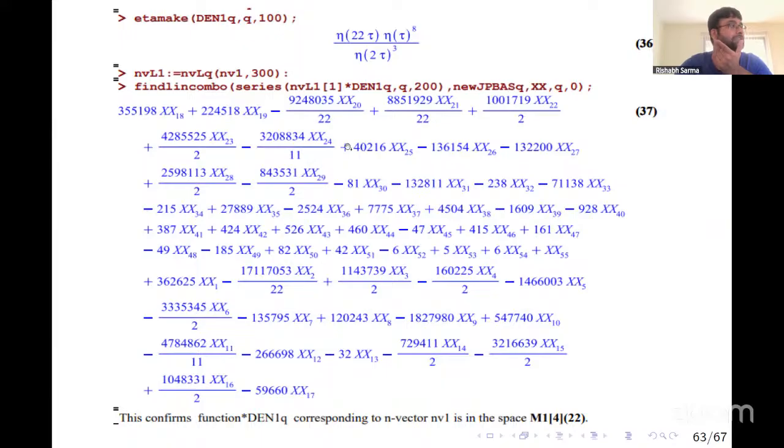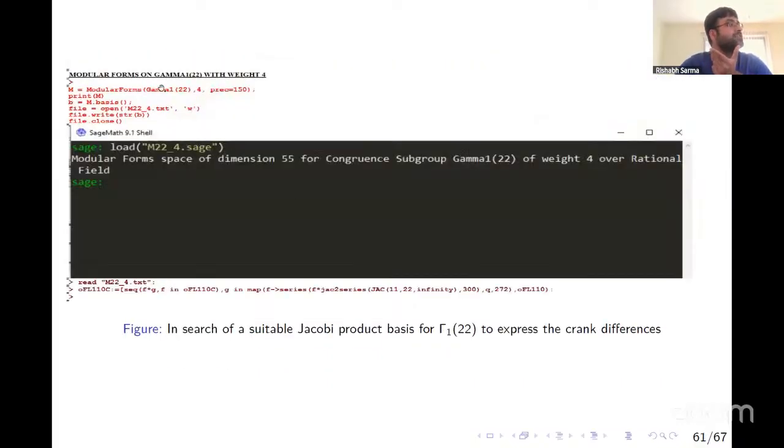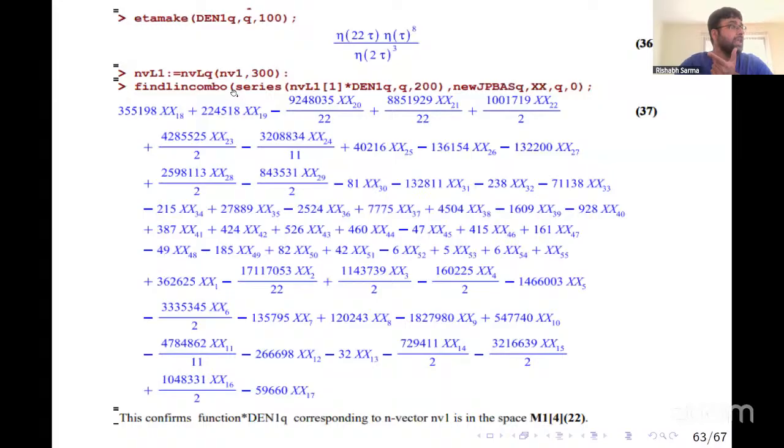The basis that we were considering is the basis for the space of modular forms on gamma 1 of 22 with weight 4. So now we can express our crank difference times that particular eta quotient in terms of our basis elements, and this is what we get.